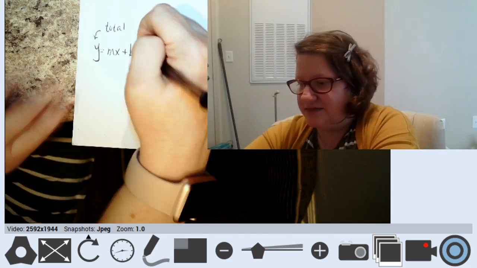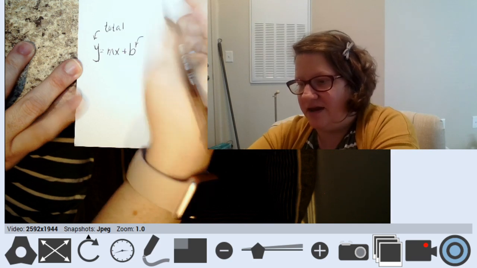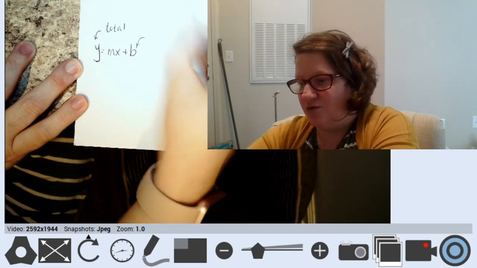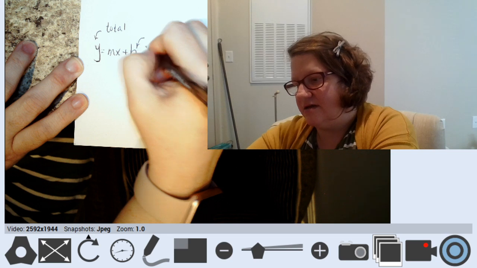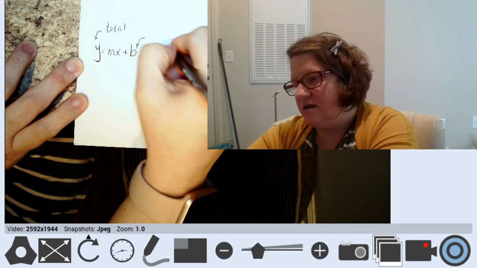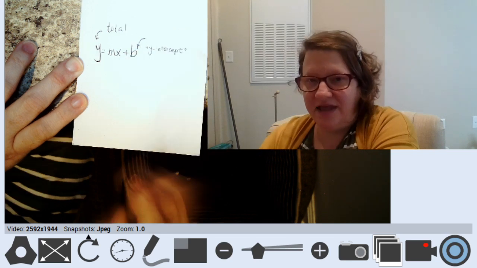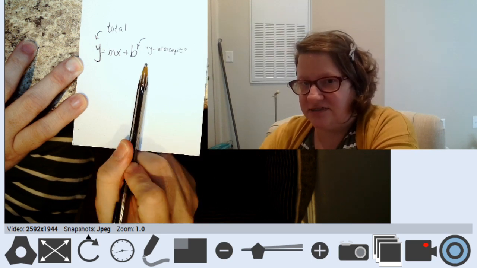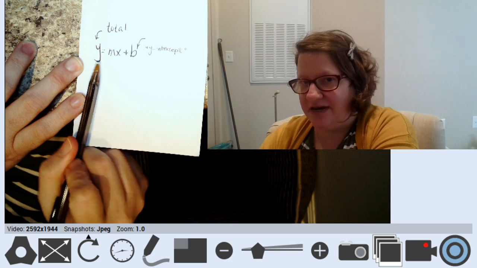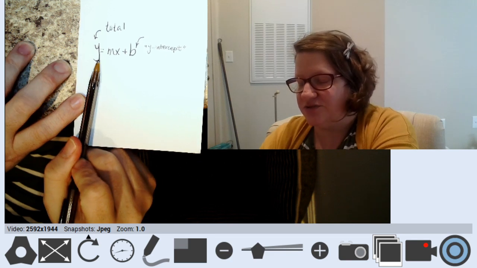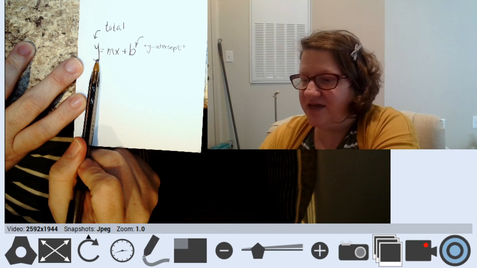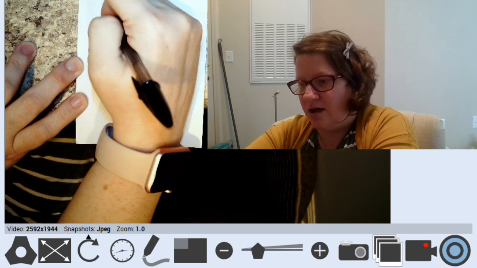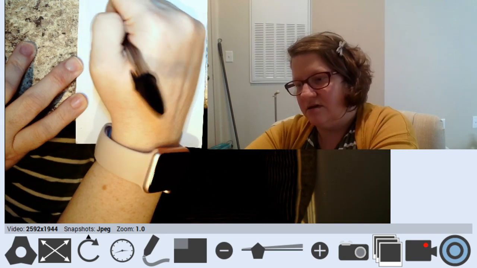We also talked about b quite a bit. On a graph, we know this as the y-intercept. In other words, the place where the y unit starts, whereas this might be the place where the y unit ends up or finishes. Both of these are what we would call numbers.